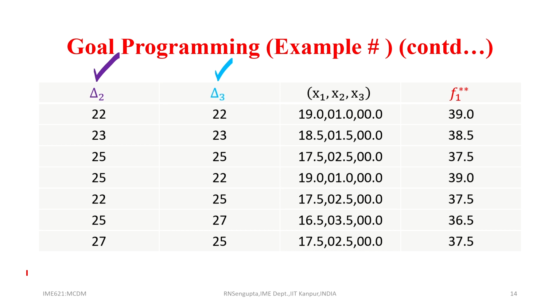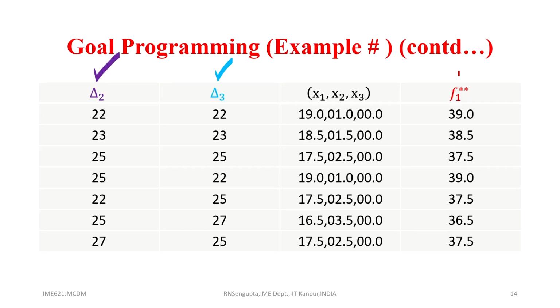Why am I using a double star? Because F1 star was the best value for single objective optimization: F1 star 40, F2 star 40, F3 star 40. So, we will take F1 double star to denote different combinations of the constraints corresponding to second objective, third objective, and how they affect F1. I will take it in the last column.